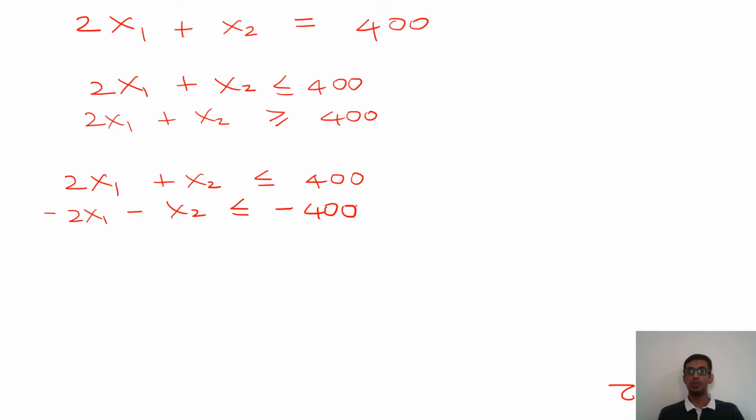This is how you split a equality constraint to a less than or equal to constraint in order for you to convert this into standard form and then solve the problem, right? This is how you convert the primal to the dual.